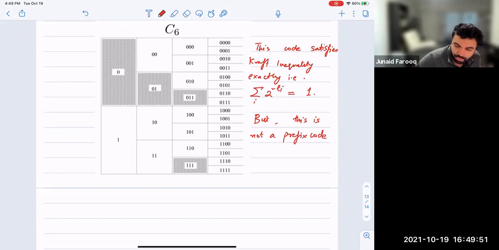So it's not useful to just have Kraft inequality being satisfied. It's great to have it because it can help you at least eliminate those that are clearly not uniquely decodable.